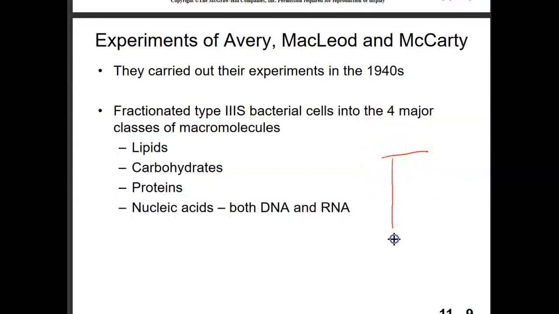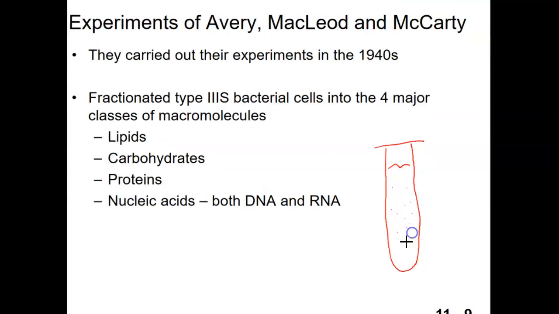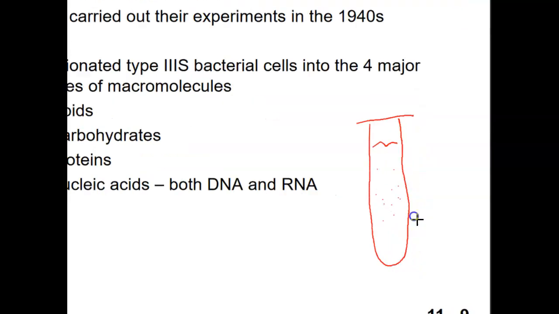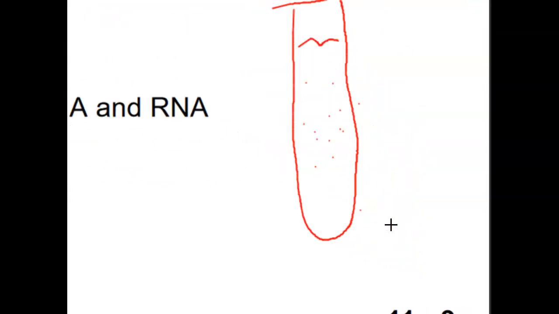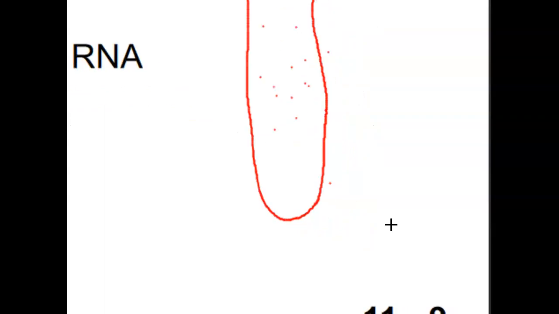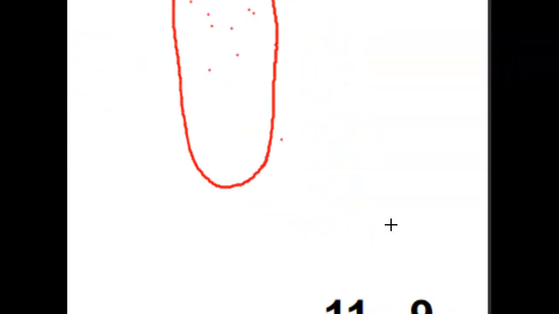If you have a test tube and you get a bunch of cells in here and you lyse the cells, you bust them open, then you're going to end up with stuff just floating around in the solution, right?